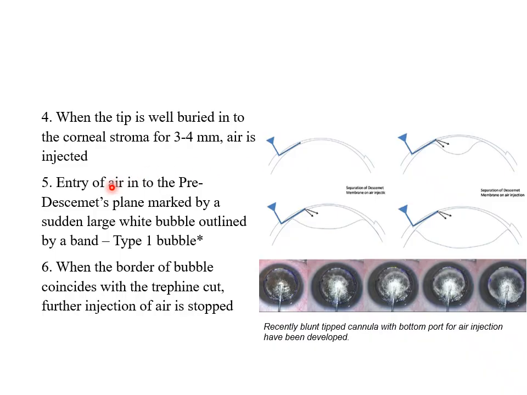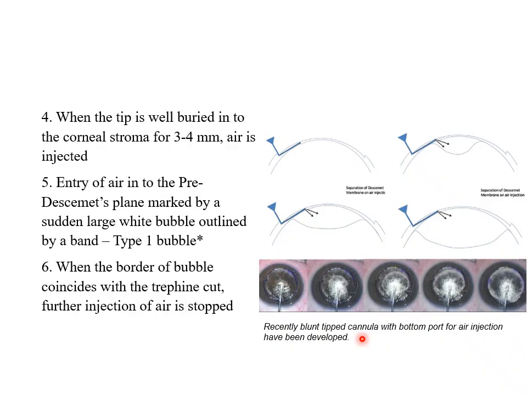Entry of air into the pre-Descemet plane is marked by a sudden large white bubble outlined by a band, and this is known as a type 1 bubble, seen in 80% of the cases. The air usually enters between the pre-Descemet layer and the posterior stroma. That is the big bubble.